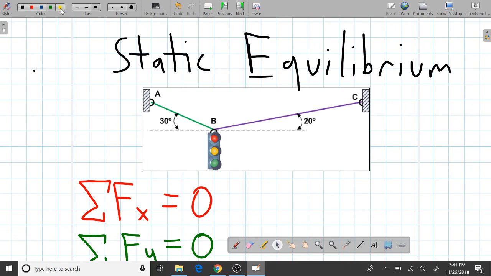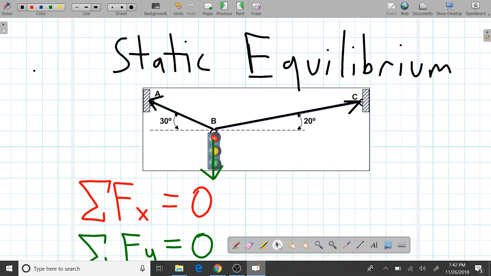So, for example, in this case of the stoplight, what are all the forces that are acting on the stoplight? Well, obviously, there's a force of gravity acting straight downward. And there's also the tension from these cables here. This cable is pulling with a tension force in that direction, and this cable right here is also pulling with a tension force acting in this direction.